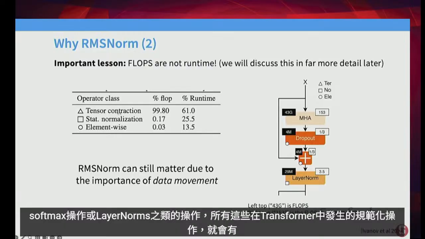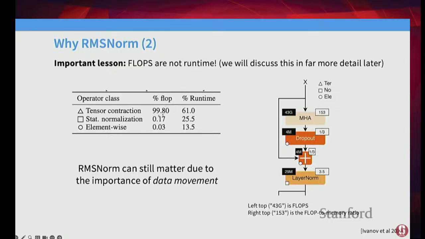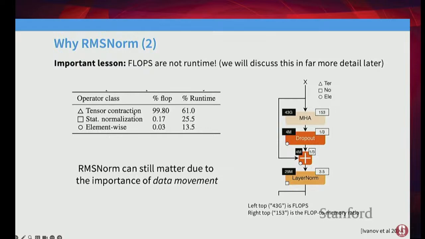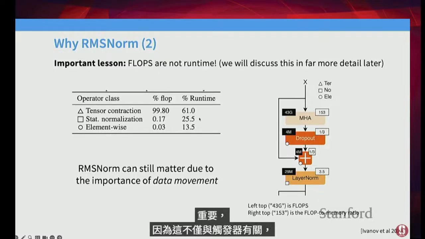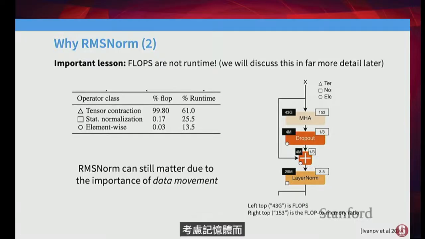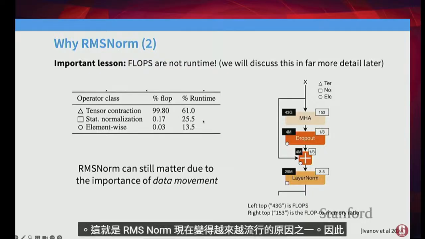Even though tensor contractions, things like matrix multiplies, are 99.8% of the flops, things like the softmax operation or layer norms, all these normalization operations in a transformer, are 0.17% of the flops but actually 25% of the runtime. A big reason for that is that these normalization operations still incur a lot of memory movement overhead. So it does matter to optimize some of these lower level things, because it's not just about flops, it's also about memory movement.